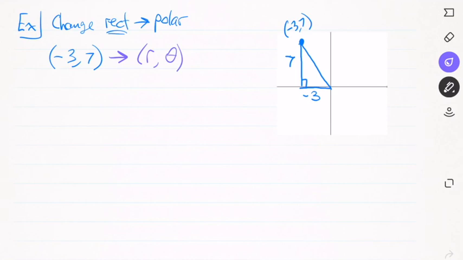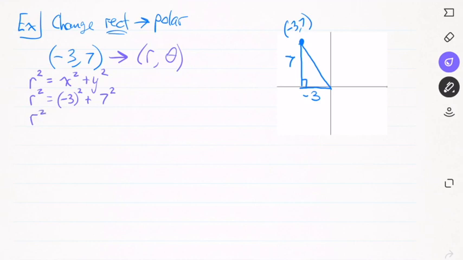So the easier of the two, of course, is r. If you want, you can switch the formula around to be r squared equals x squared plus y squared, since we're solving for r to begin with. So r squared is equal to, careful with the negatives, since we're squaring them, sometimes it's better just to leave the negative off. So it would just be 3 squared, which is the same thing as (-3) squared.